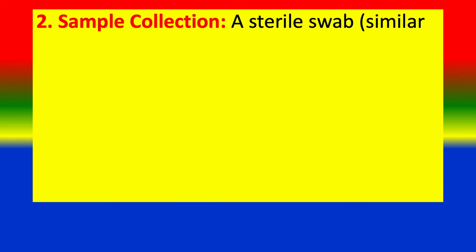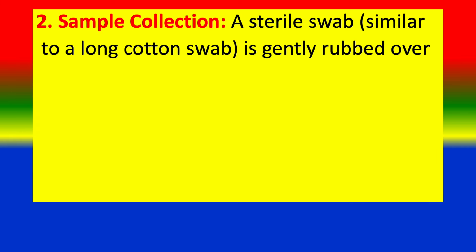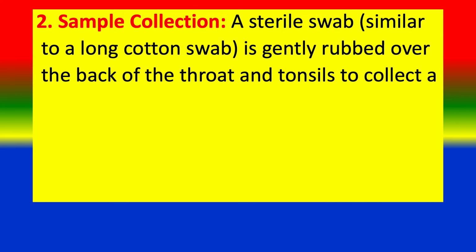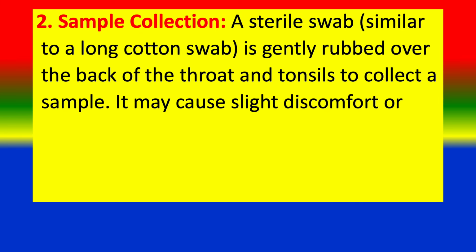2. Sample collection. A sterile swab, similar to a long cotton swab, is gently rubbed over the back of the throat and tonsils to collect a sample.